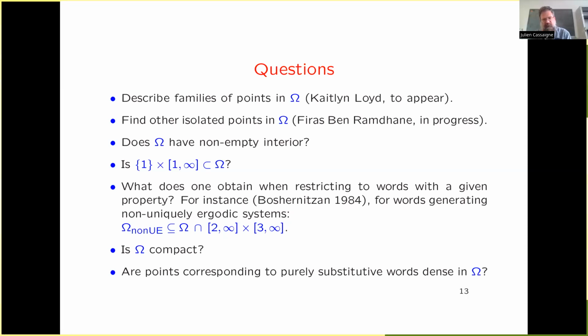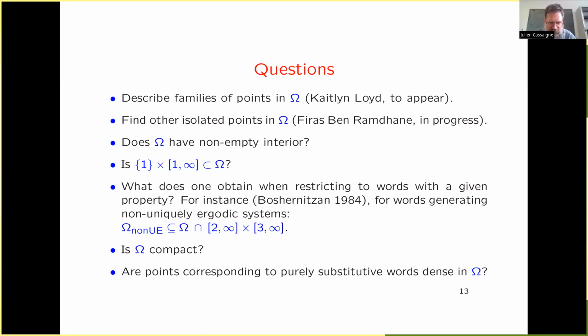Then you can study subsets of omega where you restrict to words with a given property. So here I mentioned the criteria of Boshernitzan on unique ergodicity. So I recall them. If you take a subshift for which alpha is less than 2 or beta is less than 3, then it has a unique ergodic measure.